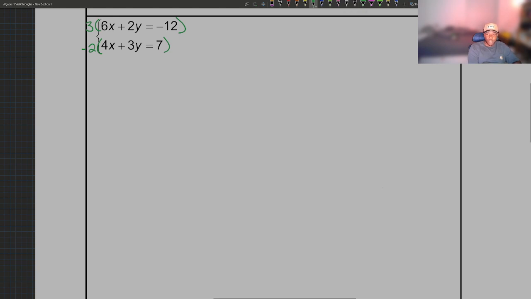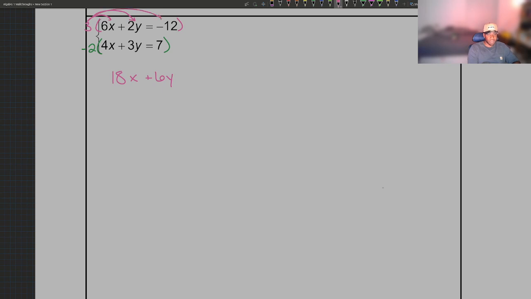All right. So let's go ahead and do all the multiplication with the top. Let me go ahead and change the color on these so that things don't get too confusing here. I'll make pink the color for the first one, and I'm multiplying everything by 3 up top. So 3 times 6x is going to get me 18x. 3 times 2y is going to get me 6y.